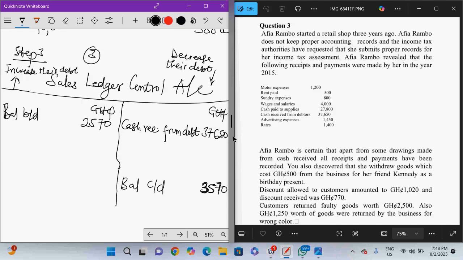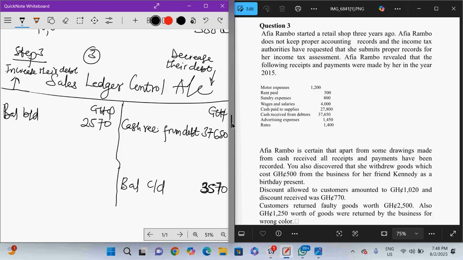What other item affects the sales? Let's look at the additional information. If Mrs. Ambo is certain that apart from some drawings made from cash, all receipts and payments have been recorded. You also discovered that she withdrew goods which cost 500 from the business for her friend Kennedy as a birthday present. Discount allowed to customers amounted to 1,020.